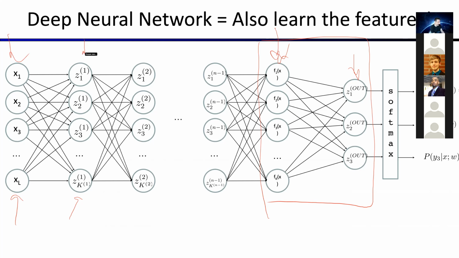Think about each of these Z_i, again very similar to these two things, but now each of them represents a set of features, with different complexity. Each of these links represents weights, so they have different strengths.